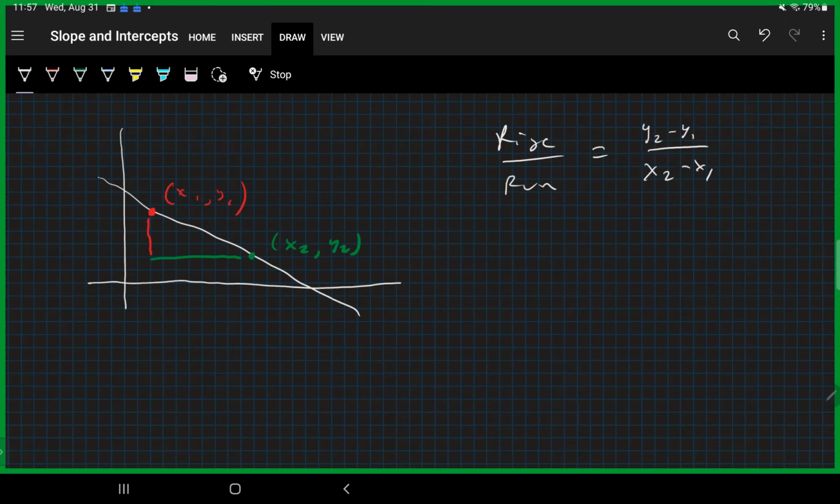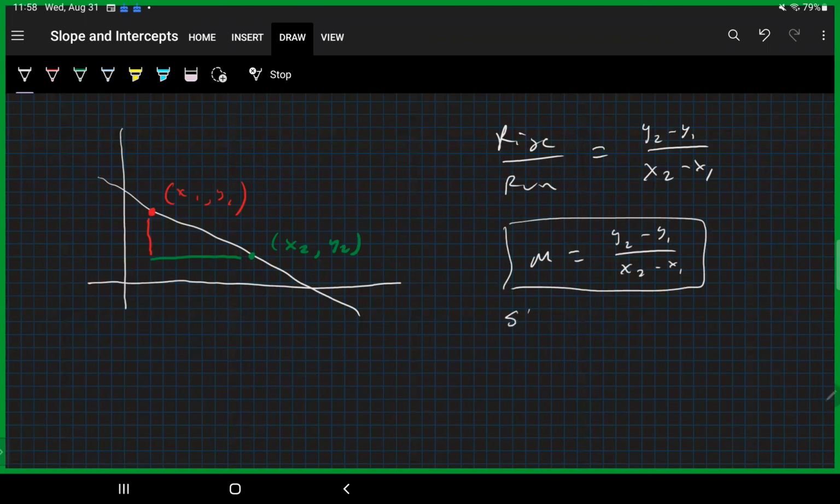And so it's going to give us this formula where m, we use that to represent the slope. That's y2 minus y1 on top, x2 minus x1 on the bottom. And this formula, we're going to have to commit to memory. This is the slope formula.